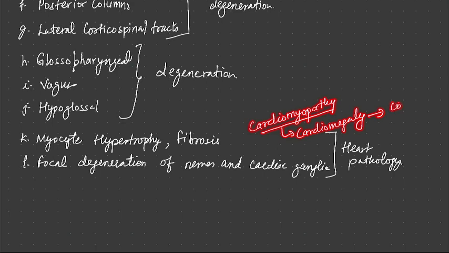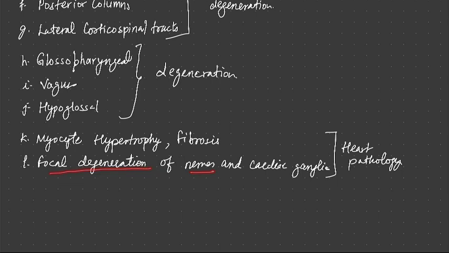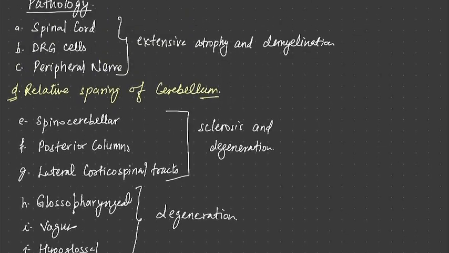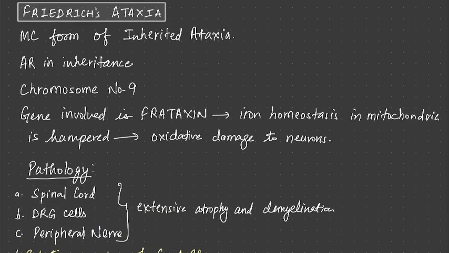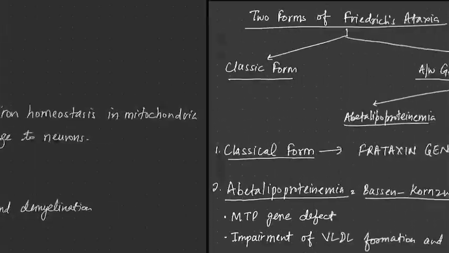There may be conduction defects. So that is the pathology associated with this condition. There will be focal degeneration of nerves and cardiac ganglia, meaning autonomic features of the heart will also be there. So this is the pathology of Friedreich's ataxia.